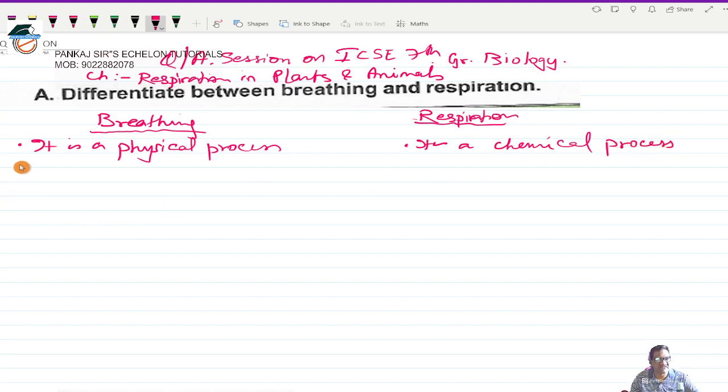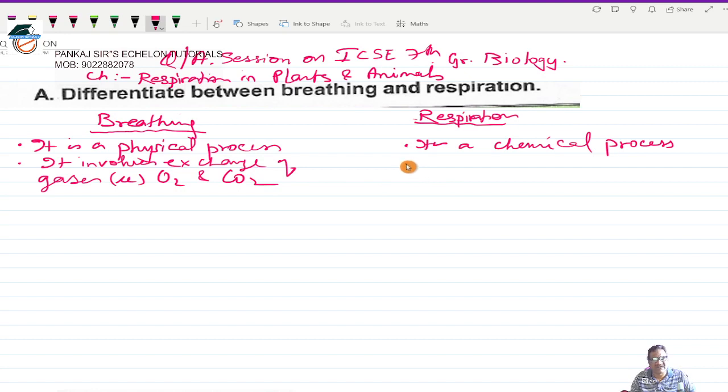Second point of difference is breathing involves exchange of gases. Which gases? Oxygen and carbon dioxide.